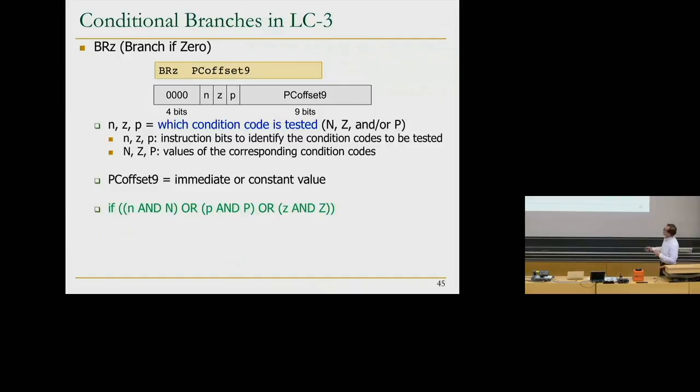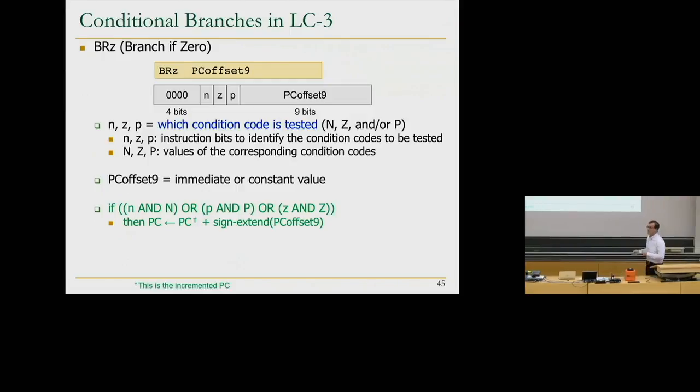Basically, the semantics of the instruction looks like this. If we are testing the N condition code, and if the N condition code in the machine is set, or if we're testing the P condition code and the P condition code in the machine is set, or if we're testing the Z condition code and the Z condition code is set, then PC gets PC plus sign extended PC offset 9. That's PC relative addressing mode for you. You jump into some other location in the program. And there are variations of this clearly by combining the condition codes.